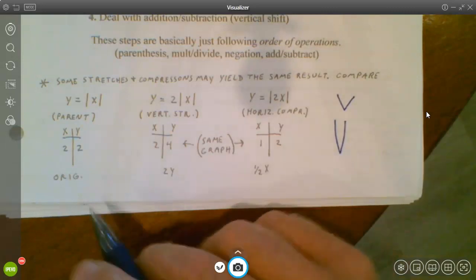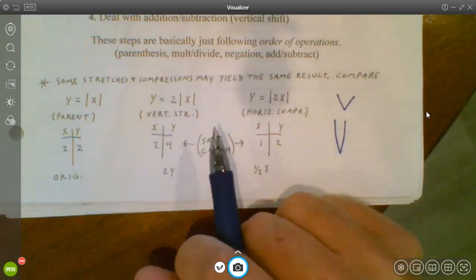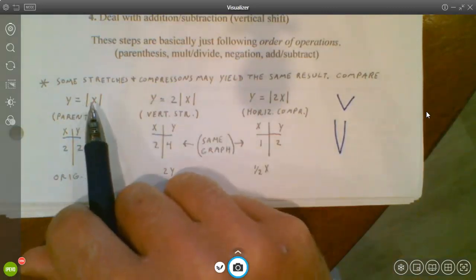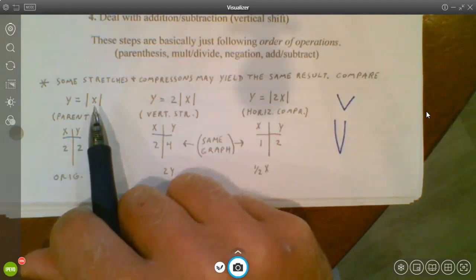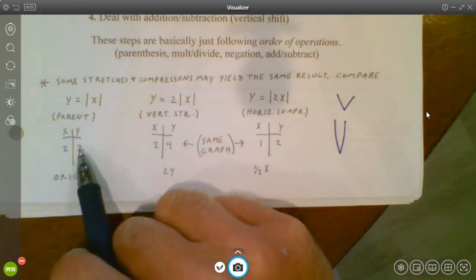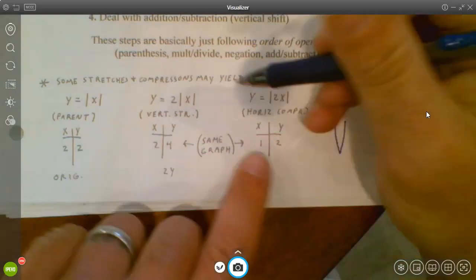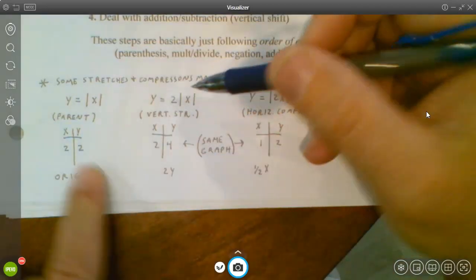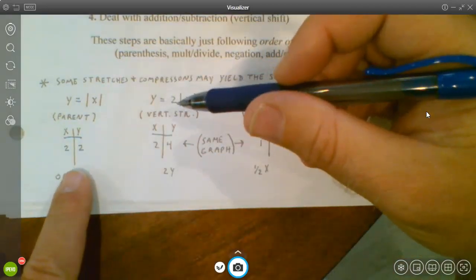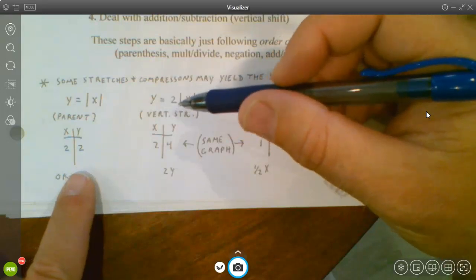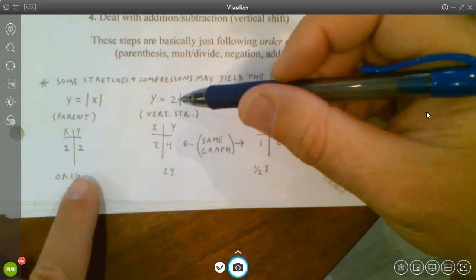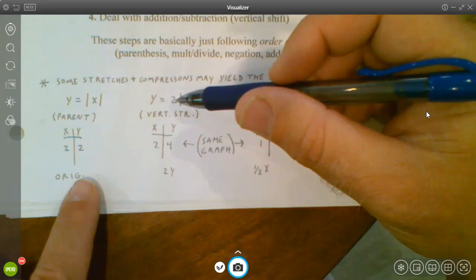So here's one idea I just threw in here to give you an example. Here's the original. This is my absolute value function, parent function. There's a point on that at 2, 2. Right? So if I wanted to do a vertical stretch on that by putting the 2 out front, remember this is not attached to x, which means it's a vertical stretch.